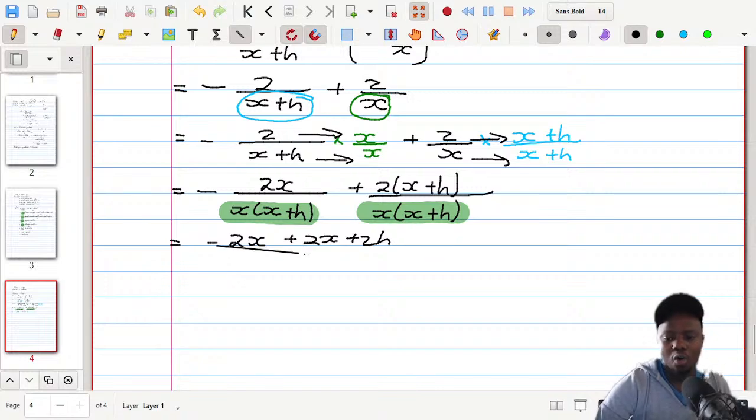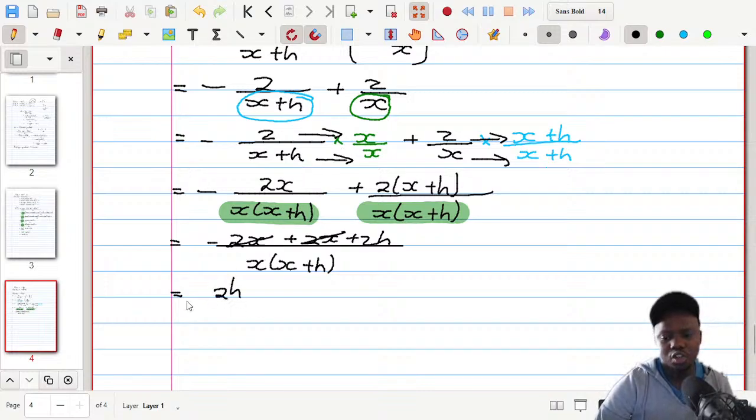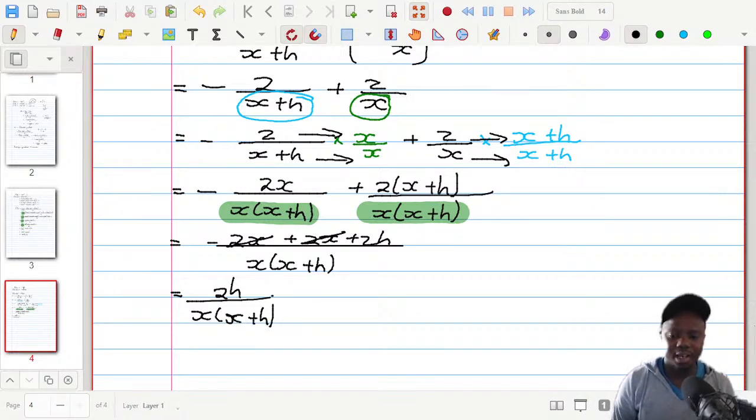Then all of this is going to be divided by x into x plus h. At this point, negative 2x and positive 2x cancel out. You will remain with 2h over x into x plus h. If you want to, you can multiply out the brackets of the denominator, but I'm just going to leave it like this for the sake of simplicity.